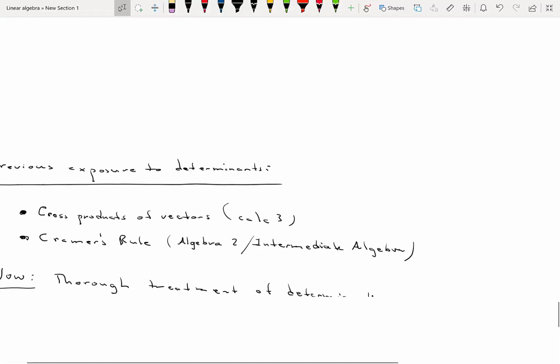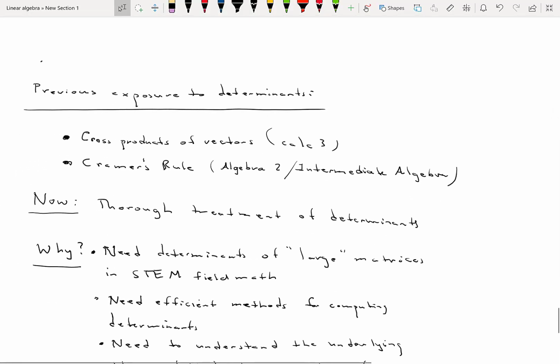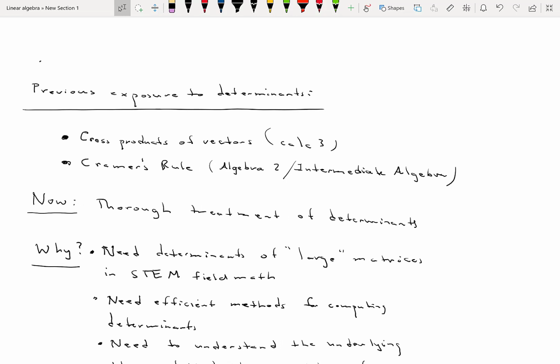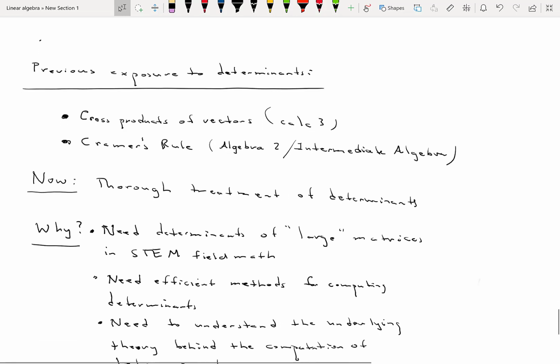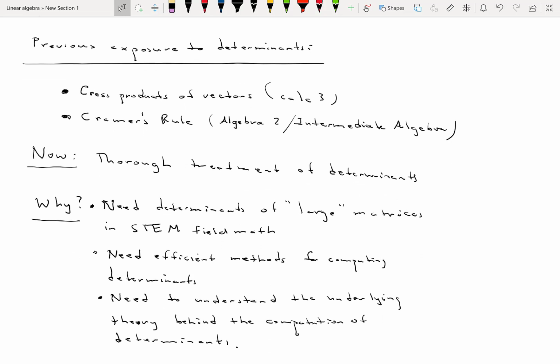Okay, first, you have had, most likely, earlier exposures to this thing called a determinant. If you've taken Calculus 3, you've looked at the cross product of vectors. If you haven't taken Calculus 3, some physics courses present the cross product in terms of determinants.